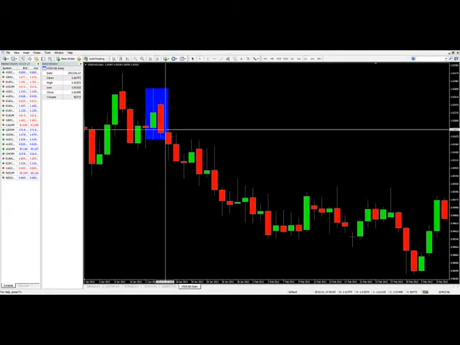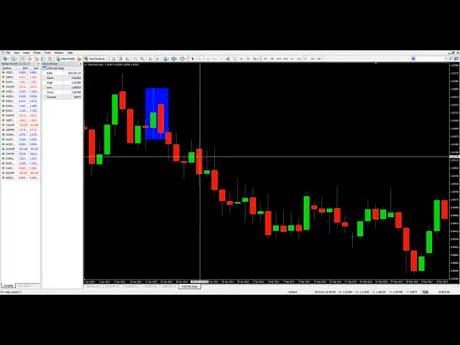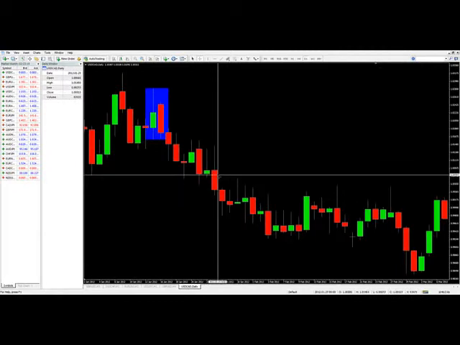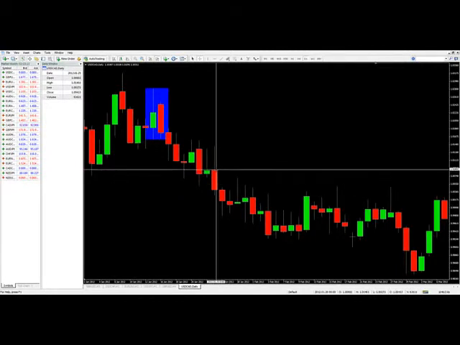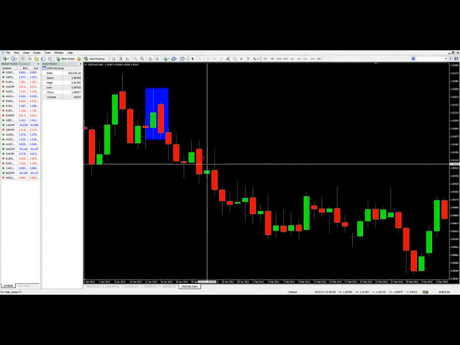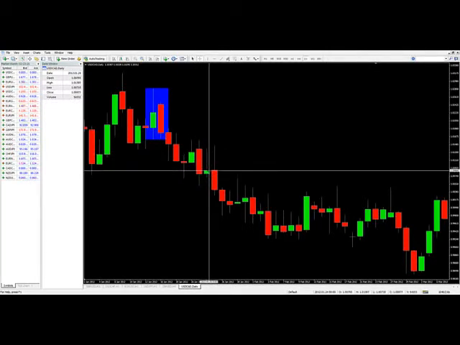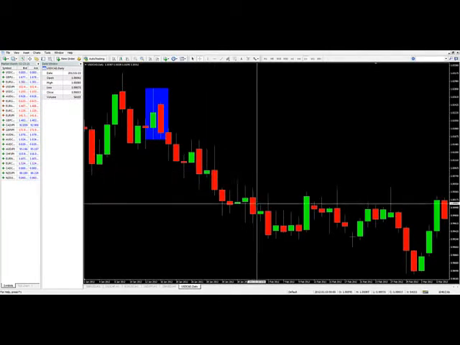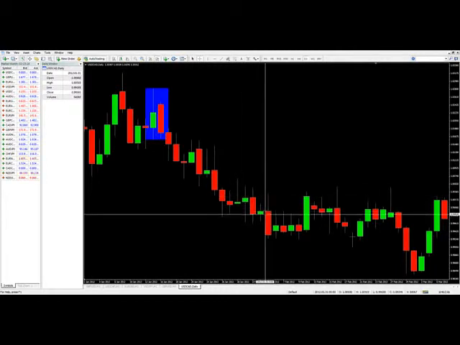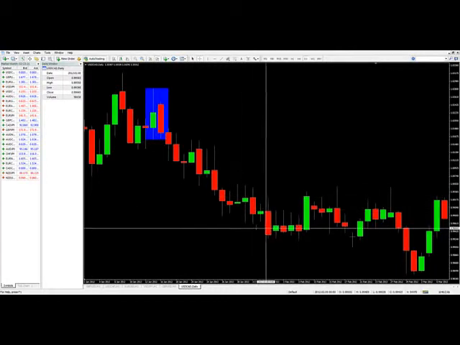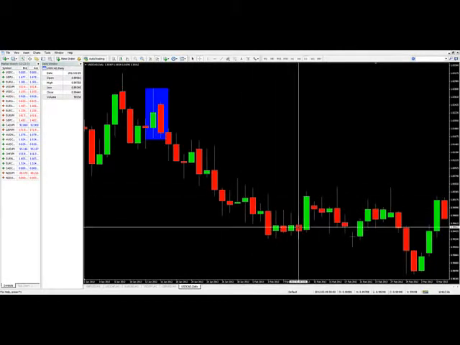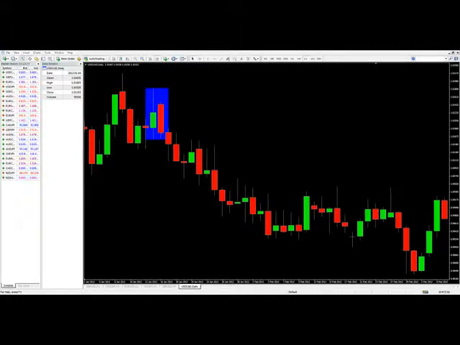And since the market's moving in this direction anyway, it's a pretty strong sign that we will keep continuing down. And to a smaller degree, you'll see it happens over and over. It happened here slightly, here slightly, and here slightly before the market started moving sideways in order to pick a new direction.